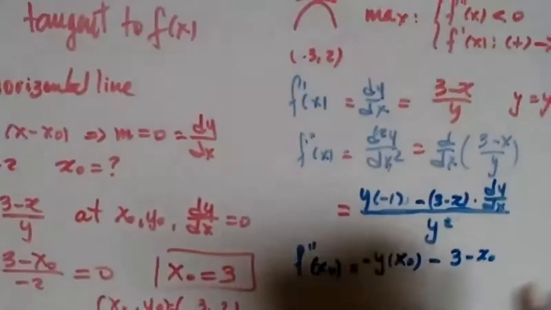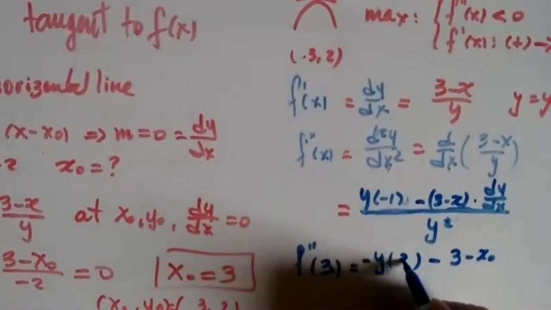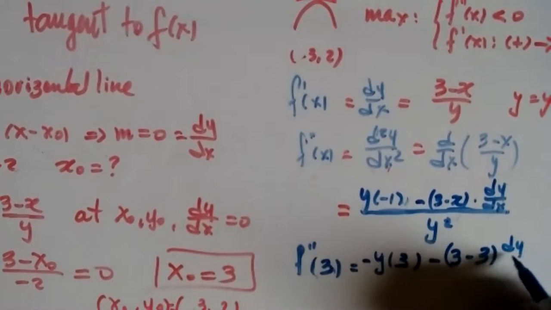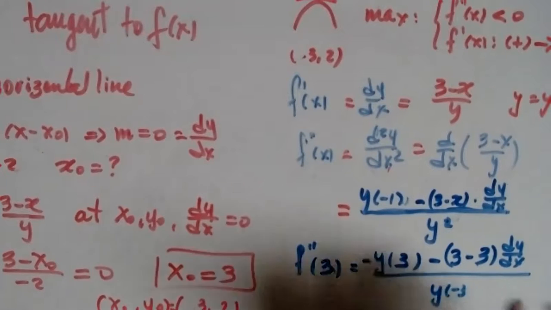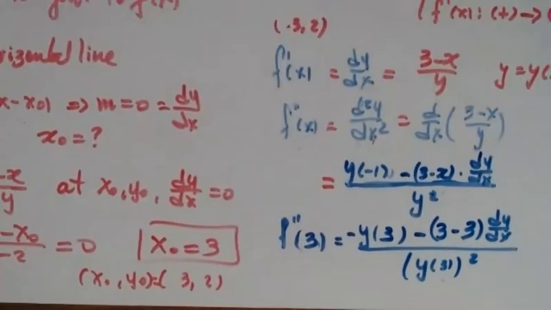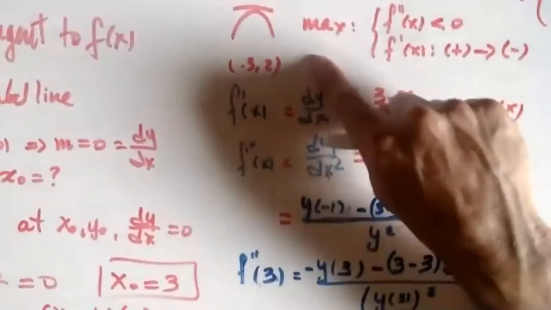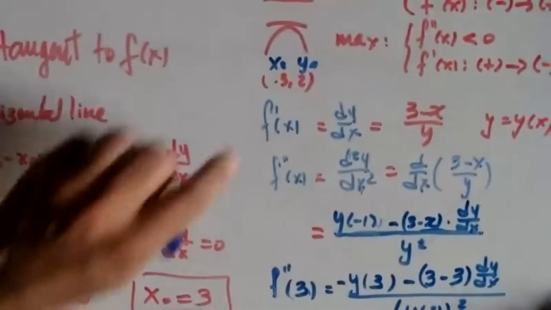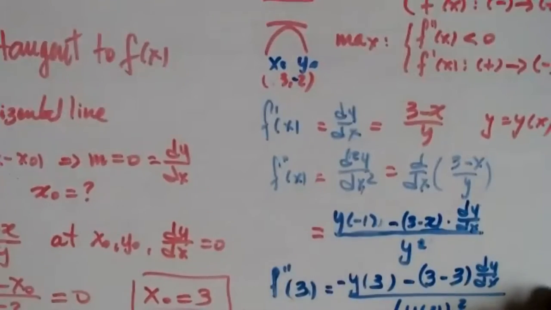So this is f prime at 3, y at 3, (3 minus 3) times dy/dx, over y at 3 squared. Everybody's understanding what I did? So is it a min or a max at x0, y0, correct? x0, y0 is 3 comma negative 2.